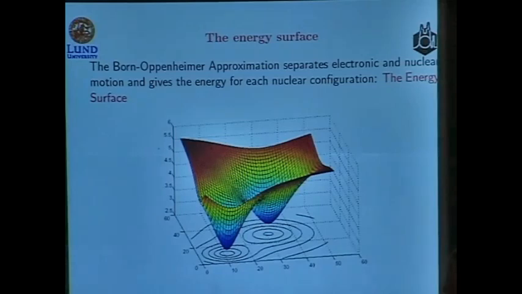There are exceptions, and the most important one, where you need to go beyond this approximation, is when you have several energy surfaces crossing each other or very close in energy. Then you have non-Born-Oppenheimer effects, and one of the more important of these, which at least inorganic chemists have heard about, is the Jahn-Teller effect.